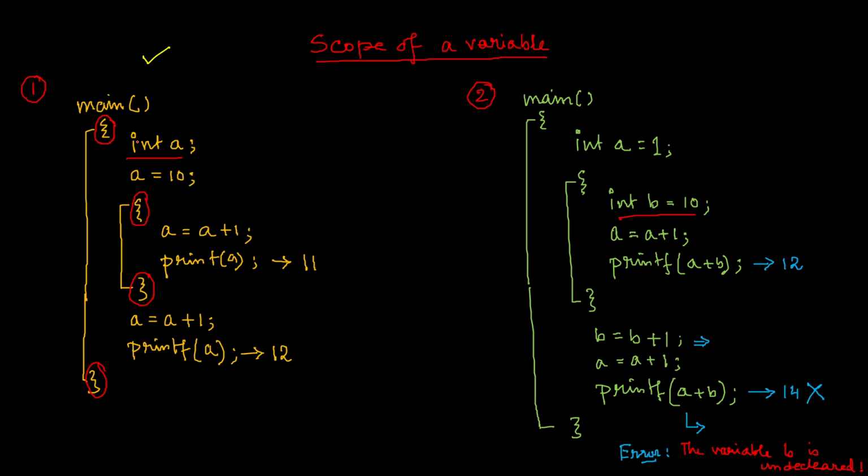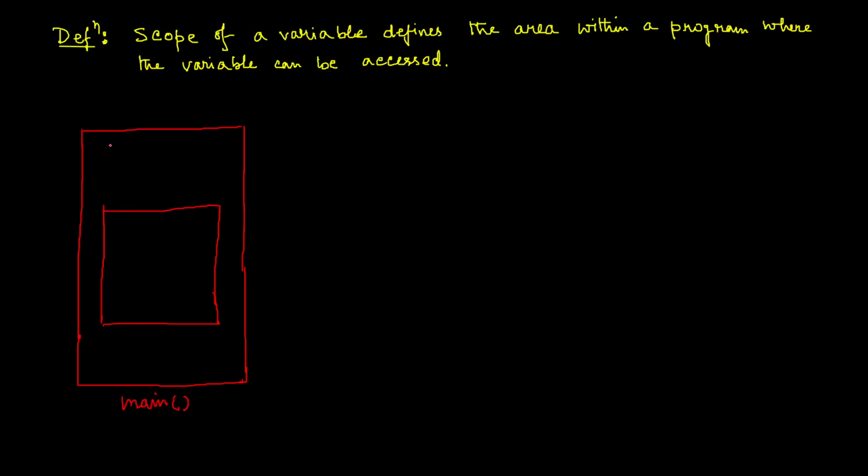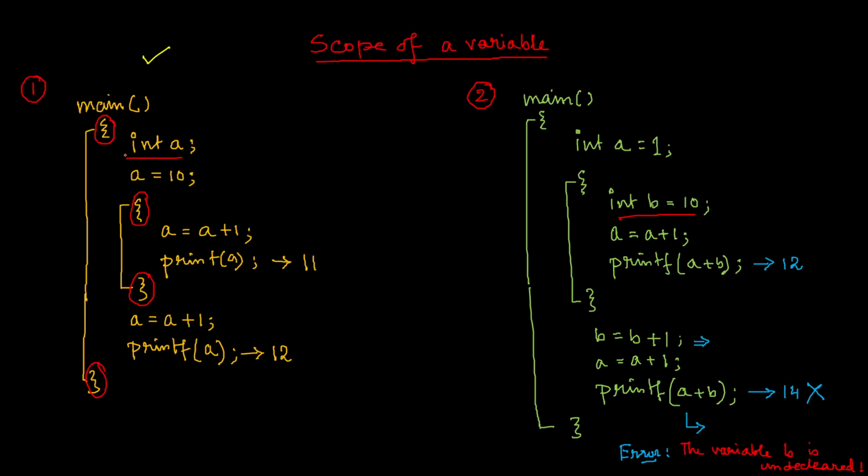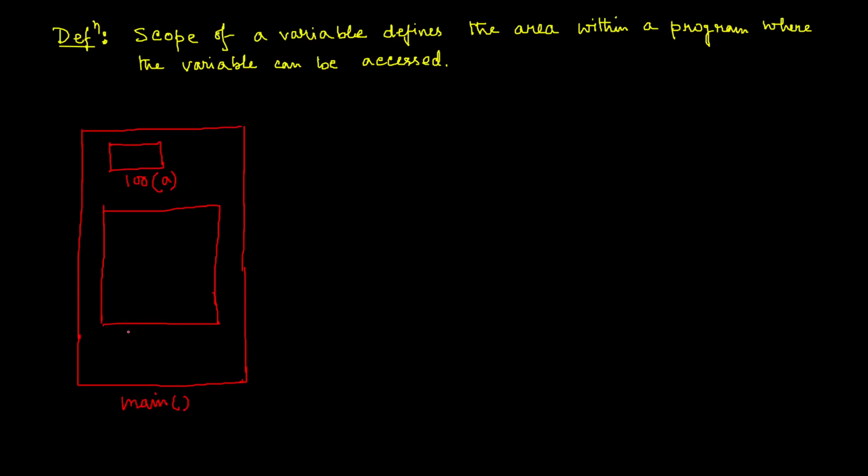That means surely the memory location A belongs somewhere here. The address may be 100. I'm not interested in the address right now. The variable name I have given is A, whose initial value was 10.